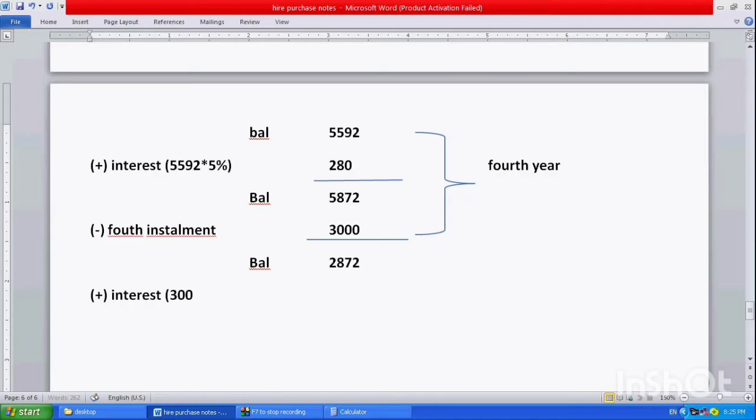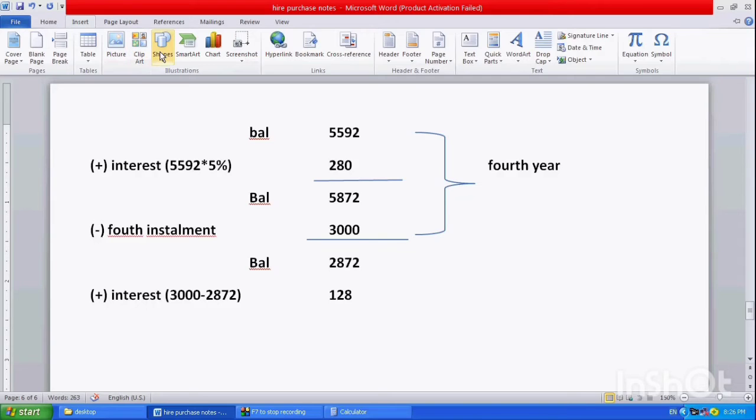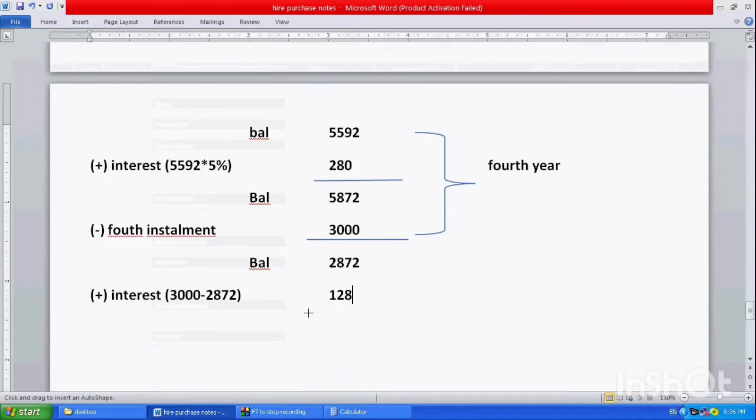So from these 3,000 we have to deduct 2,872 directly, because we are paying overall 3,000. So how much are we paying? 128 we are paying as interest, final interest. Okay, so now calculate this, add 128 with balance 2,872. So we will get the payable balance 3,000.